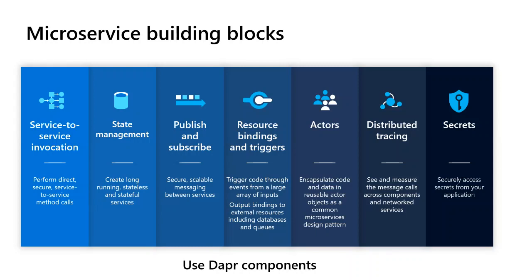Sometimes we need to listen to some events, so we can go with the bindings and triggers building block. Sometimes we have to implement a design pattern, the actor design pattern, so we can go with actors. For telemetry, we can use distributed tracing, and for secrets, which is primarily used to save something or read something from the safe storage. In Azure, we can use Azure Key Vault to keep some sensitive values there, and we can use this particular building block to read or write values from those secret safe storage.